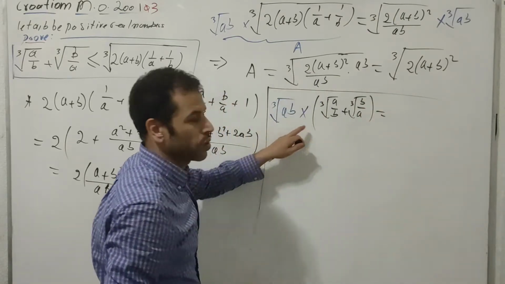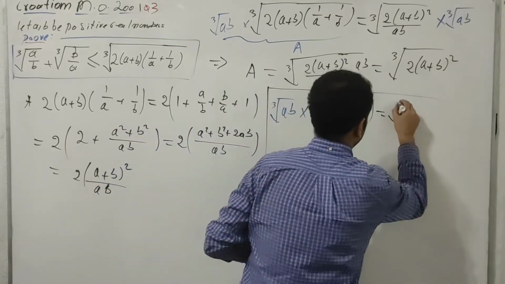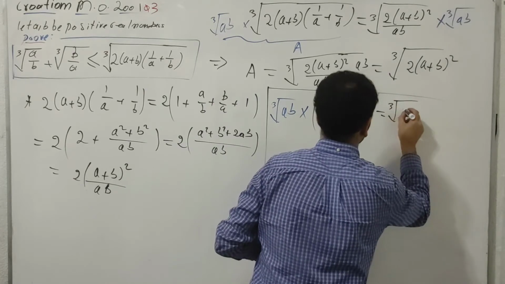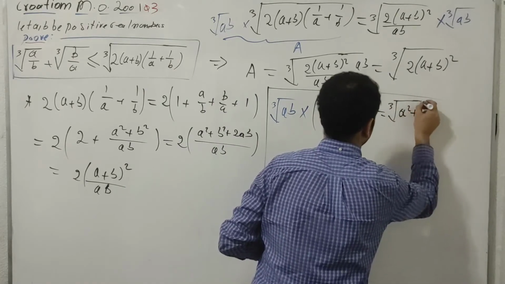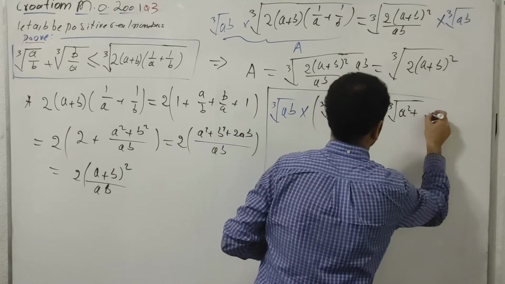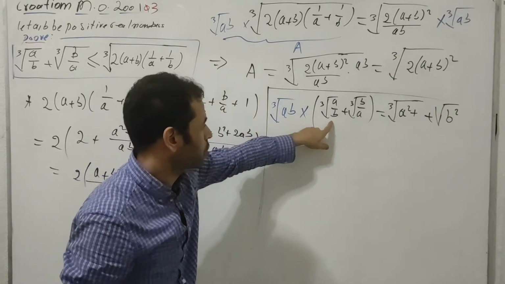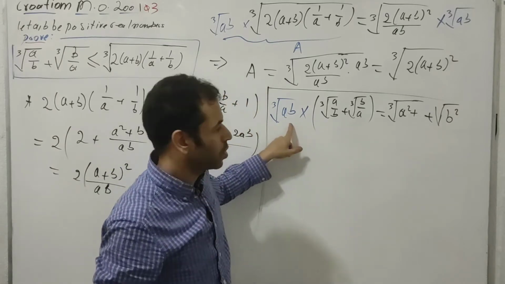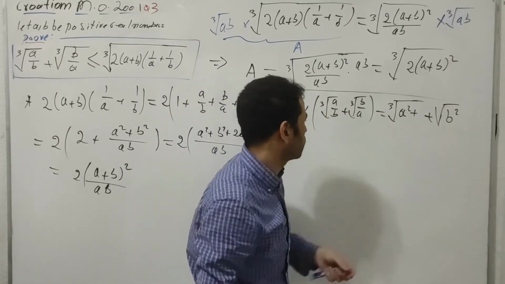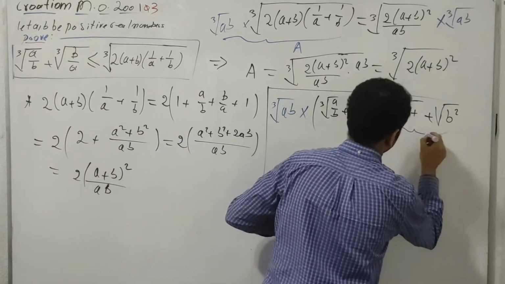So by multiplying this one by this one gives us cube root of a square plus cube root of b square. Let's set this one as a capital B.